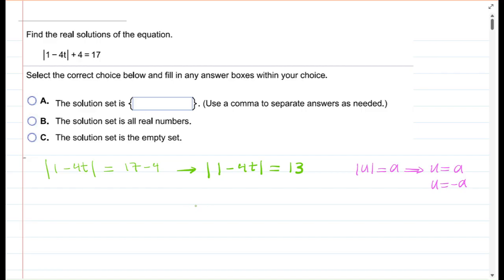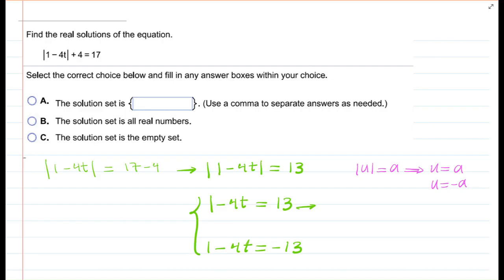So I have 1 minus 4t equals 13 as one equation, and the other equation is 1 minus 4t equals negative 13. Now we have two equations to solve.